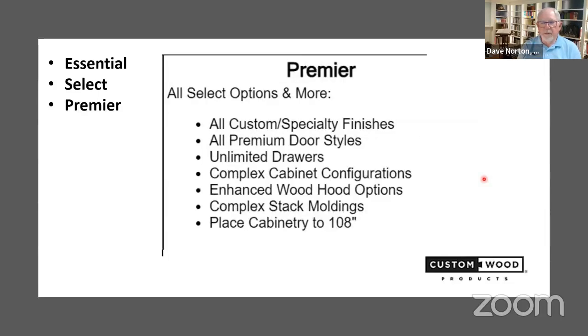And with Premier, you get basically all of our door styles and finishes, more complex cabinetry, enhanced wood hood options, and cabinets up to 108 inches. You will have jobs, obviously, that sometimes are Premier Plus, so you're going to have to be able to talk with the client about that as well.